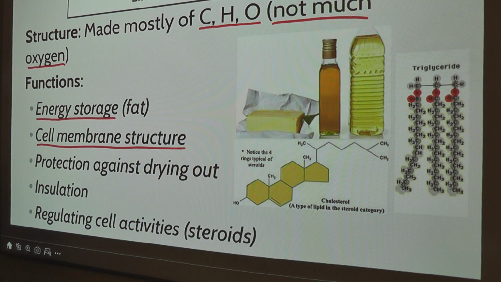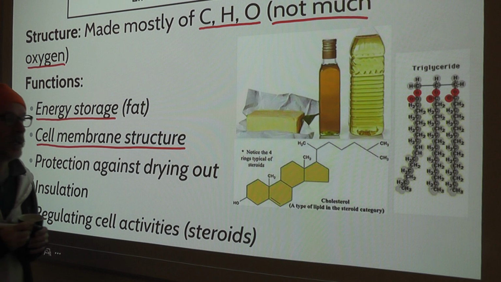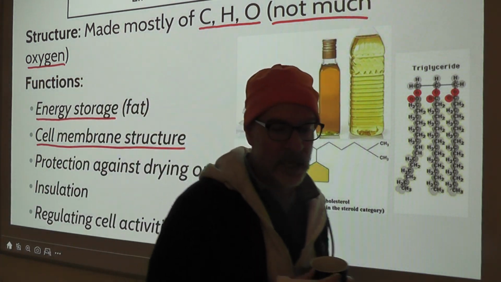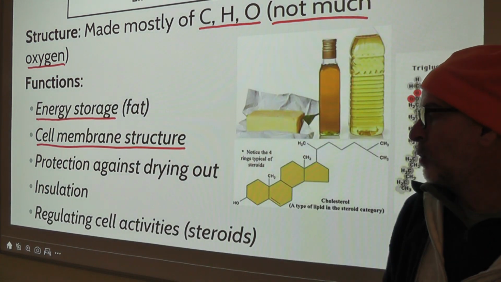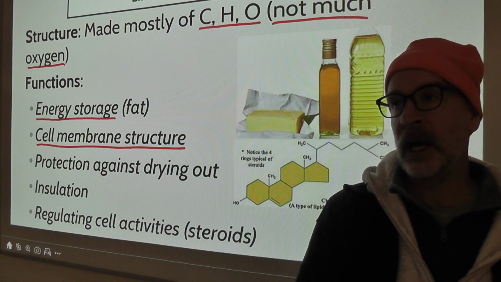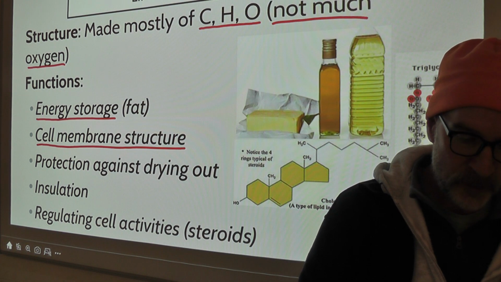These steroids are really important for our growth and development. It's how our brain communicates to the rest of the cells in our body. It's how individual organs in our body, like our thyroid gland, communicate with the rest of the organs in our body. We're not going to go into that too much. If you end up taking anatomy and physiology, you'll look more at steroids and how they function in living organisms.